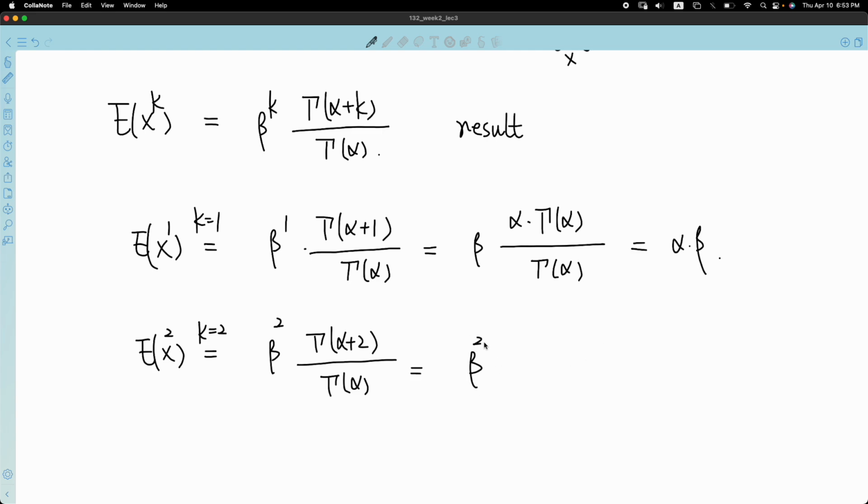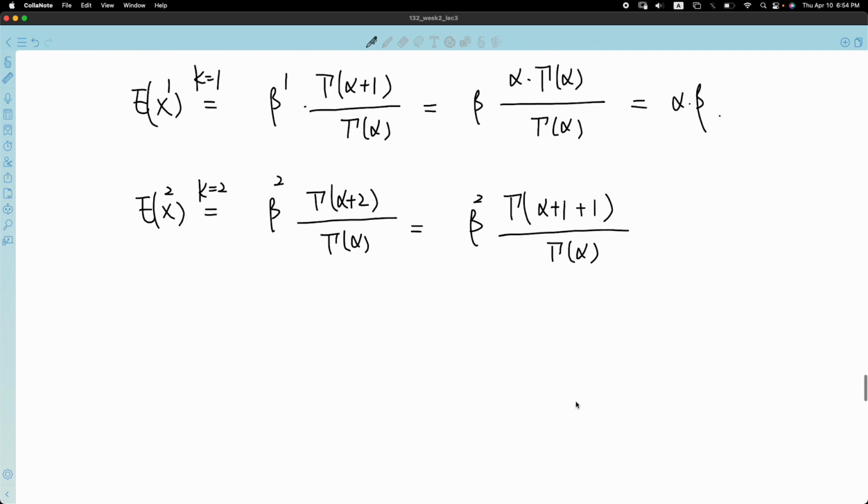Okay, so I'm going to use the second property from above. Here, alpha plus k, I'm going to write as gamma of alpha plus 2 divided by gamma of alpha. I call alpha star equal to alpha plus 1, so the numerator is gamma of alpha star plus 1. This is equal to alpha star multiplied by gamma of alpha star by applying the first rule.